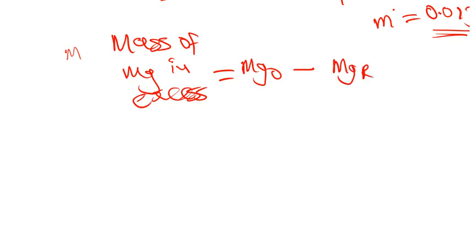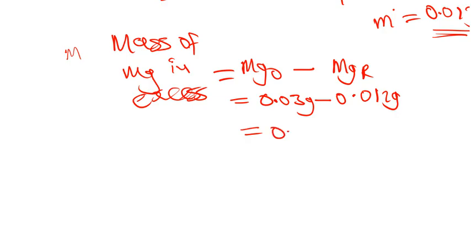The original mass we started with was 0.03 gram. Then out of it, only 0.012 actually reacted. So the one which was in excess will be 0.018 gram. So this was the mass which was in excess.